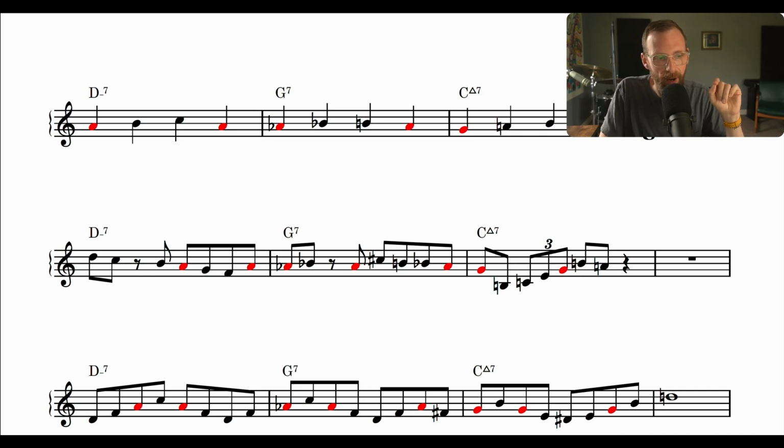Because even though we don't have that direct motion, the line is still built off of that sound. Everything that's happening is based around that voice leading, and your brain and your ears sort of put together that sound, even though it's not happening as nakedly as, you know, the first two lines.